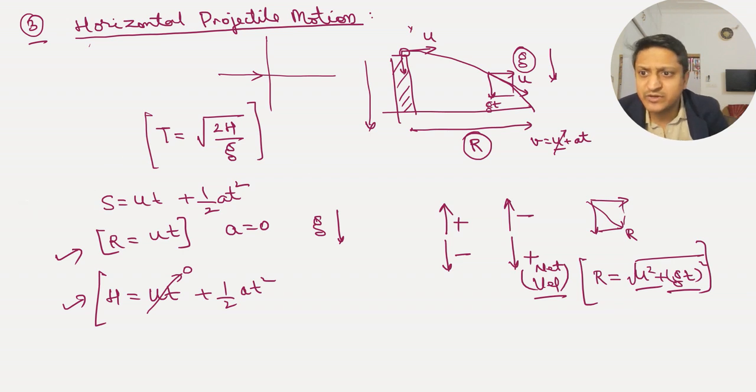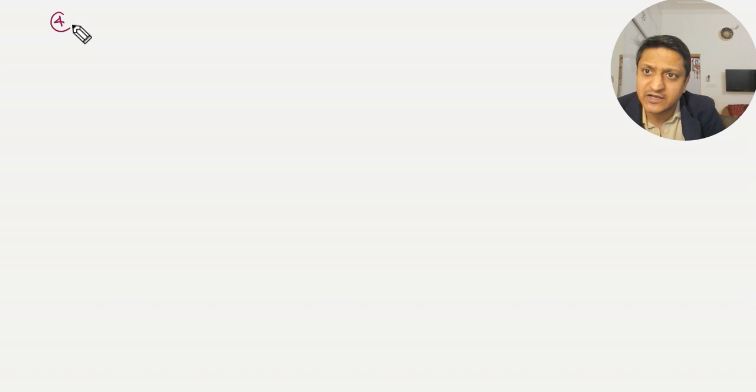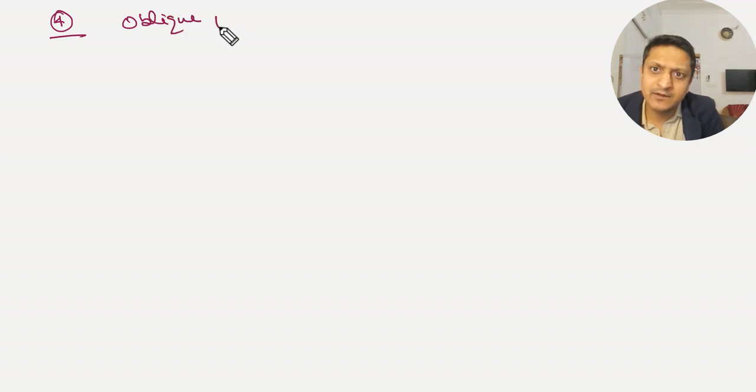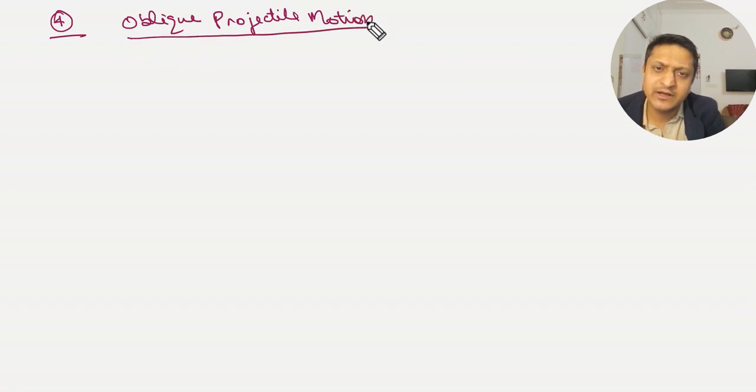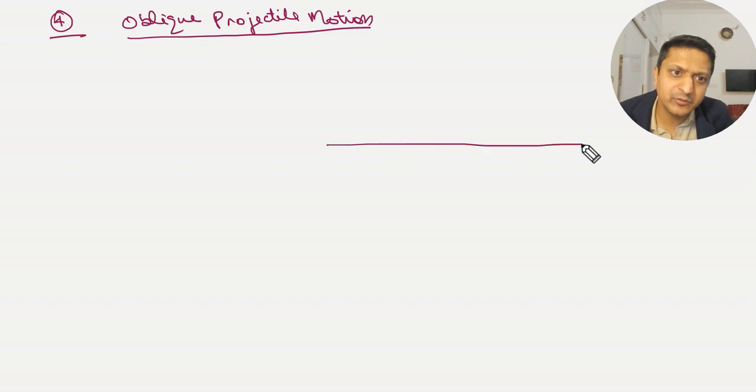So now we would be going for the last and the final, that is the oblique projectile. In the oblique projectile motion, it means there is everything full projectile.